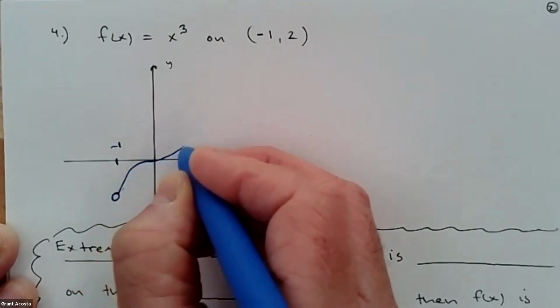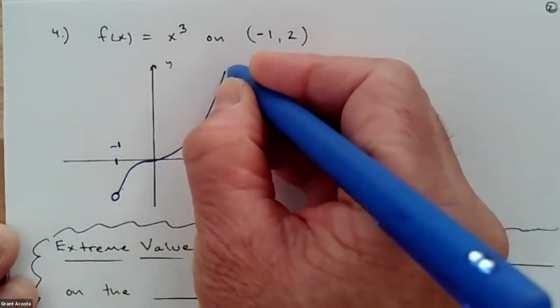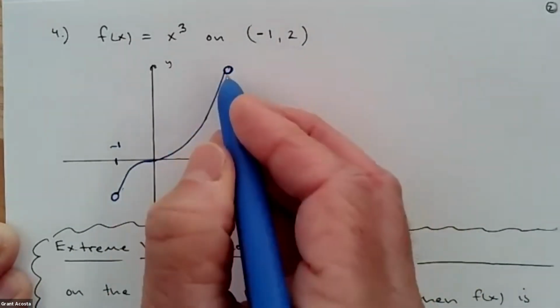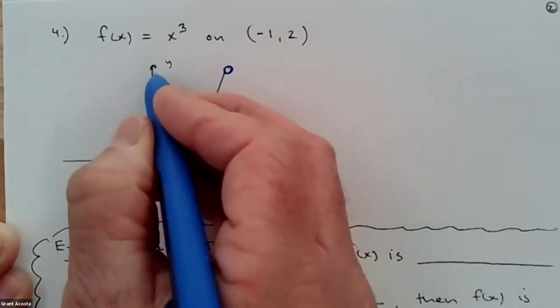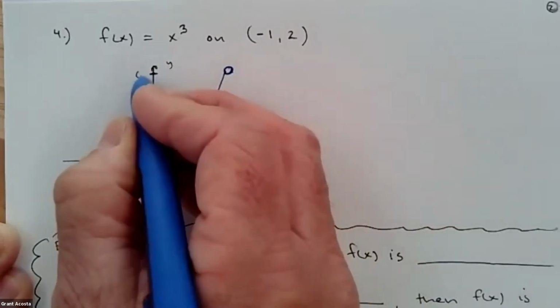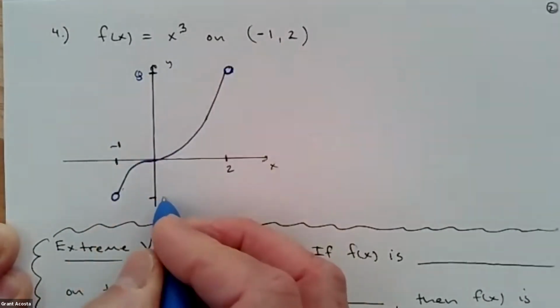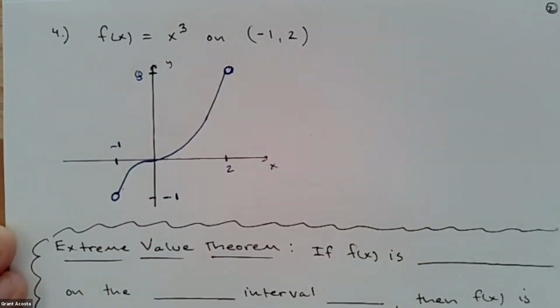Goes flat, comes up here. And at 2, it would have an open circle because I didn't indicate to include the endpoints. And we know, if you were allowed to plug in 2, that would have been 8. And if you were allowed to plug in -1 cubed, it would have been -1. So does this thing have an absolute maximum? And this is kind of a debatable question.